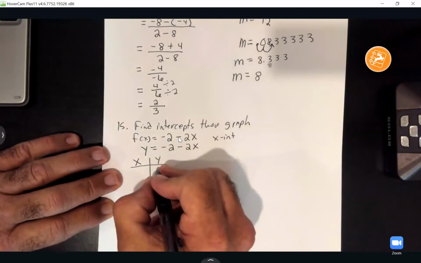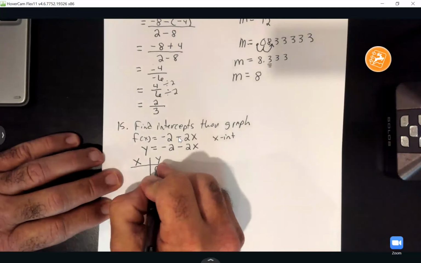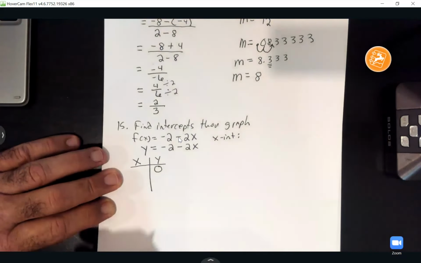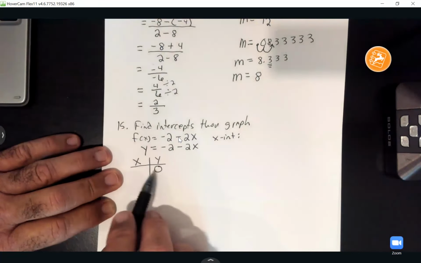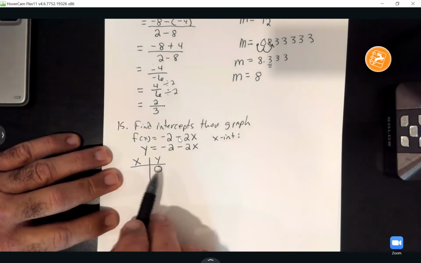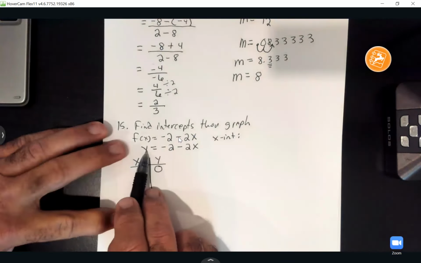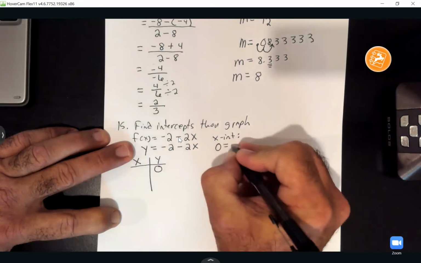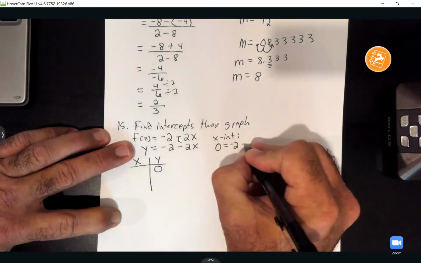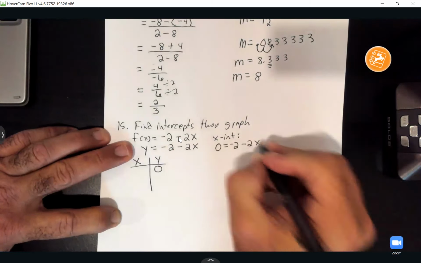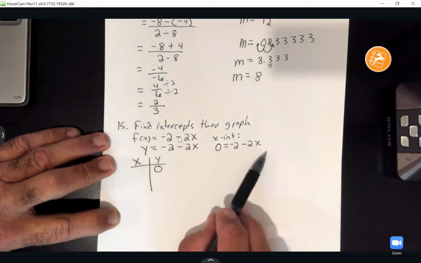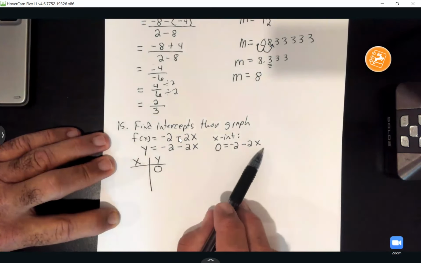When I find my x-intercept, I set that y equal to 0. Okay? So that's why we like using the intercepts, because you use a lot of zeros. So the x-intercept, we set y equal to 0. So if I put a 0 in for that y, I'm going to have 0 equals -2 minus 2x. So I plug a 0 in for the y, and then I solve it for that x.